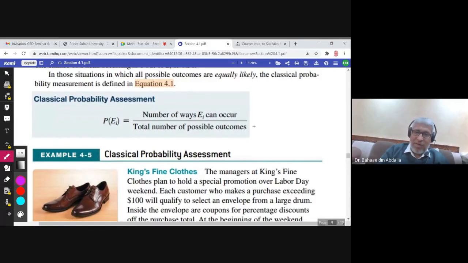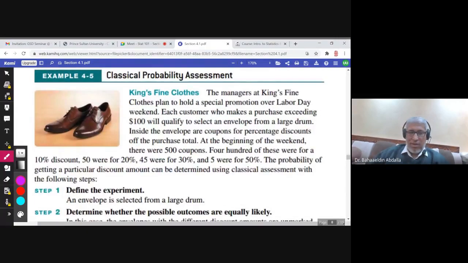Another example about classical probability. The managers at King's Fine Clothes plan to hold a special promotion over Labor Day weekend. Each customer who makes a purchase exceeding $100 will qualify to select an envelope from a large drum. Inside the envelope are coupons for percentage discounts of the purchase total.